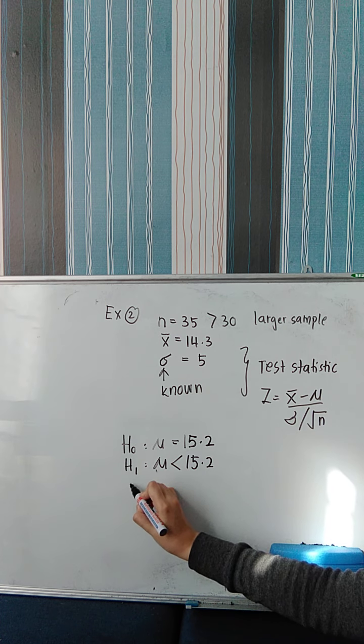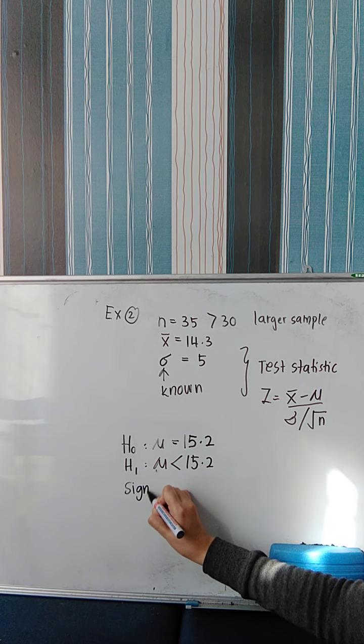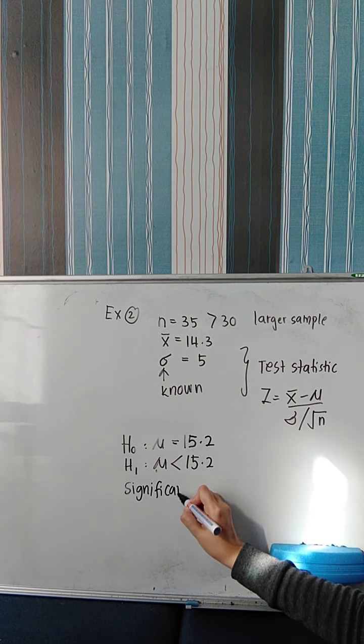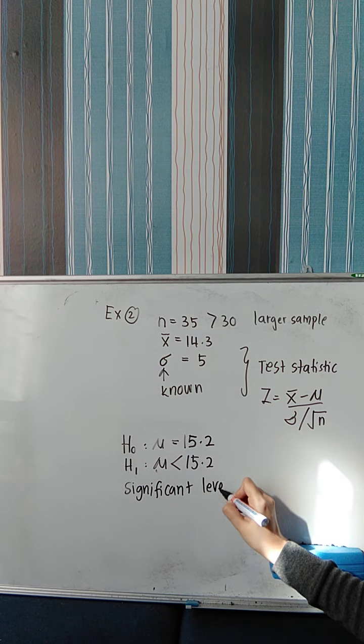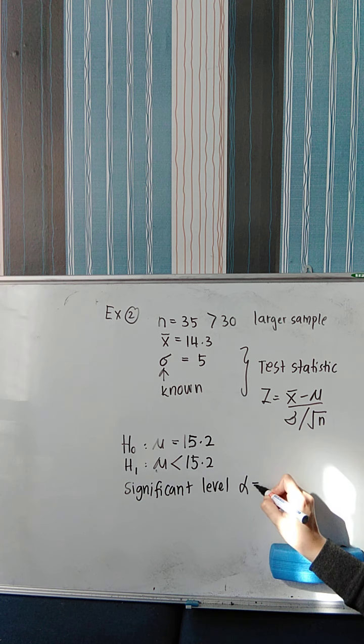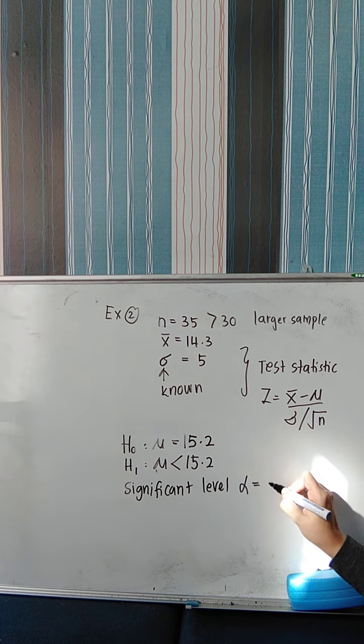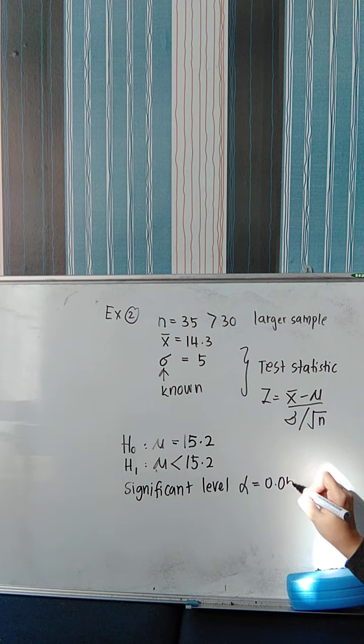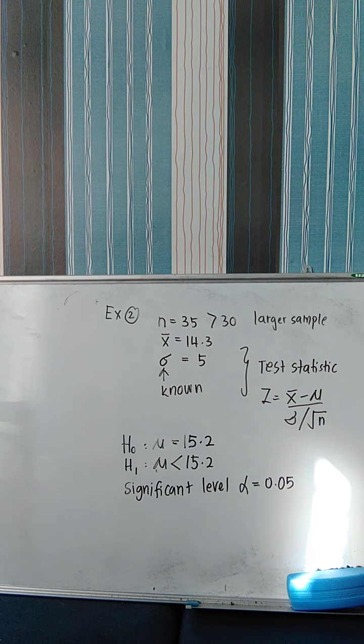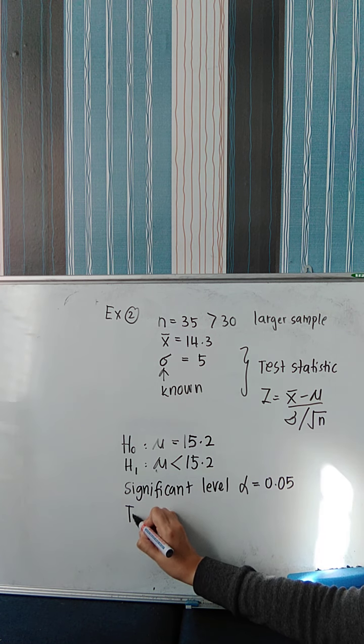Then you state the significance level, given as alpha equals 0.05, and then the test statistic.